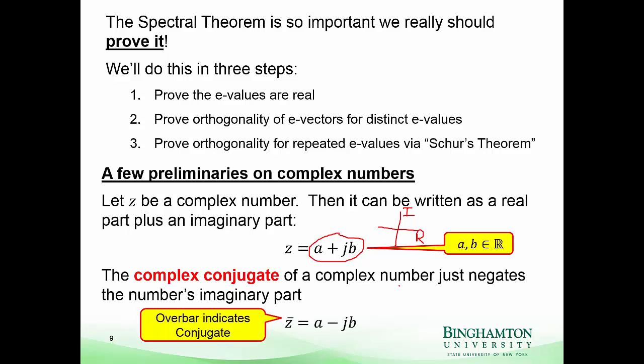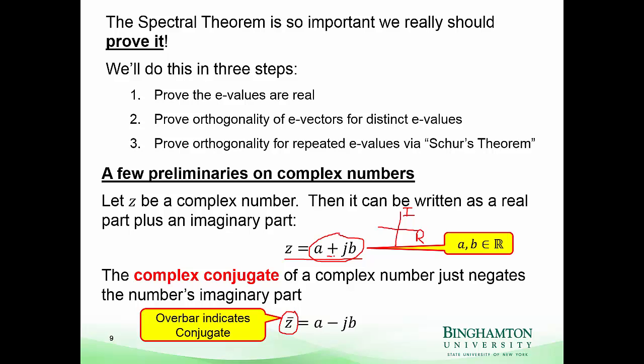The only other concept we need right now is the complex conjugate of a complex number. You give me Z, and there's this other number, the complex conjugate, which I will indicate as Z bar. All I do is negate the imaginary part.